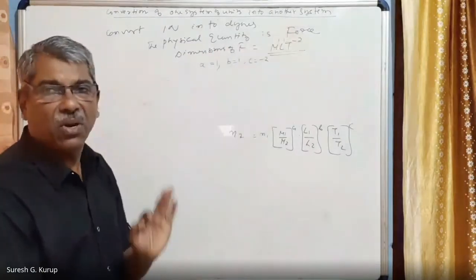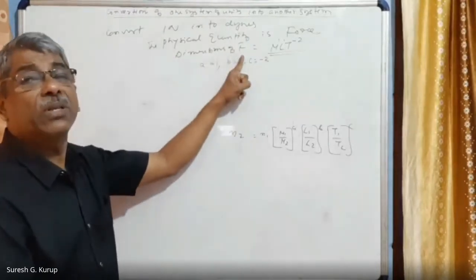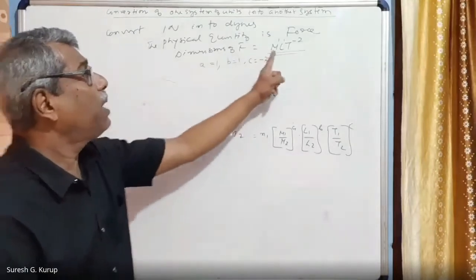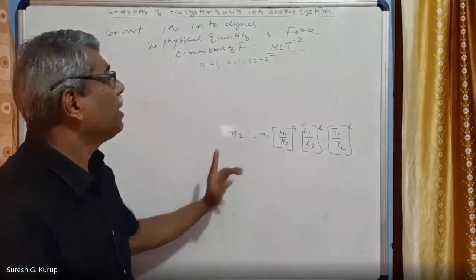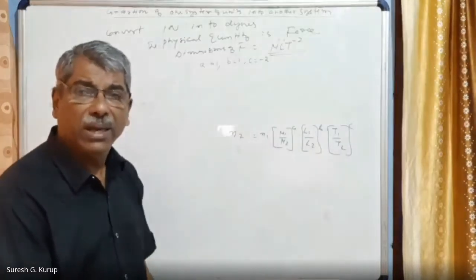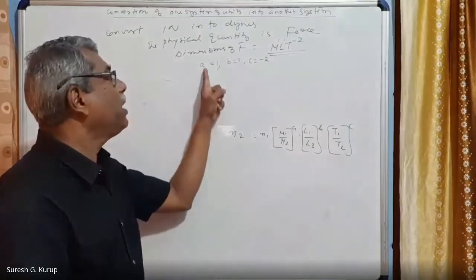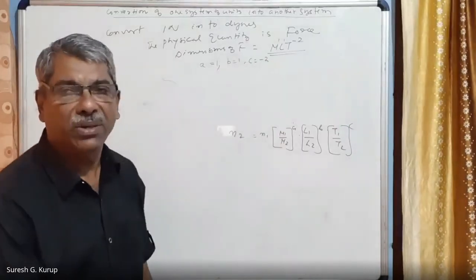Physical quantity is identified as force. Then you will next write the dimension of the physical quantity. Force is equal to mass into acceleration. Mass is M and acceleration is L T raised to minus 2. Then write the powers of M, L, and T. Powers of M, L, and T are a is equal to 1 in this case, b is equal to 1 in this case, c is equal to minus 2 in this case, right?